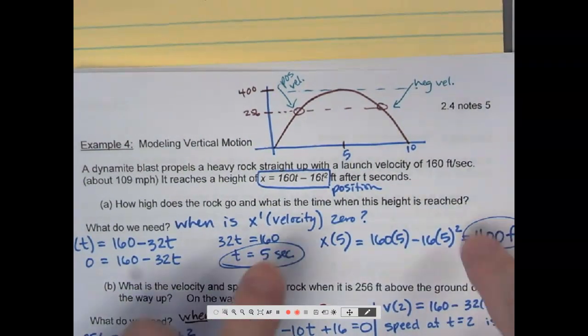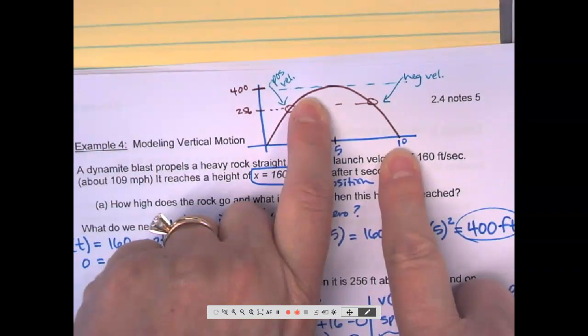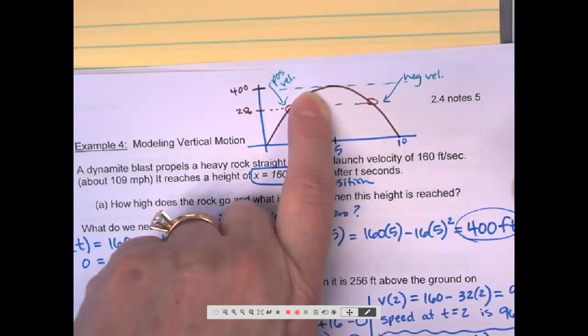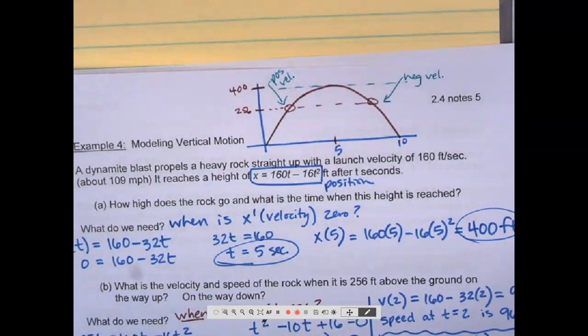If I turn the corner and start to head back down towards the ground, then this is a negative velocity, negative direction, down. But gravity is pulling it in that same direction, then they are both working together, and I am speeding up.